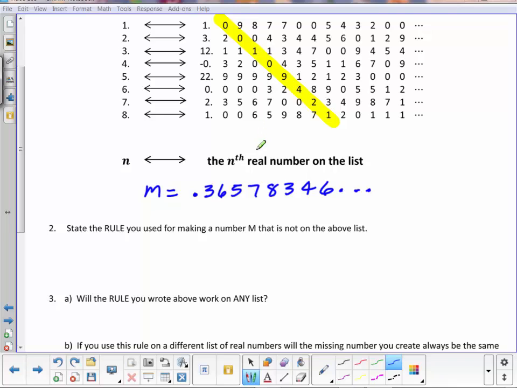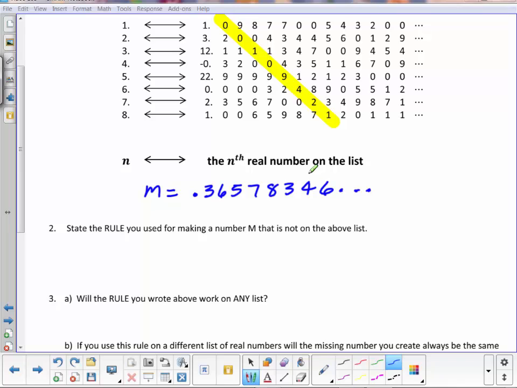In our case, we changed it to a 5 because the 5 was in the third position of our number M. For example, in the 7th number, we would go to the 7th position after the decimal point, which in this case was a 2. We changed it to a 4.